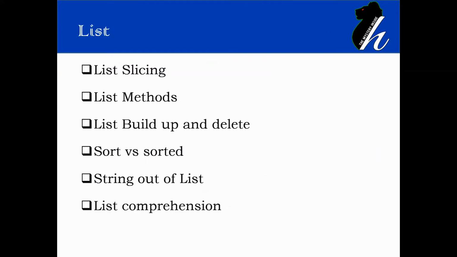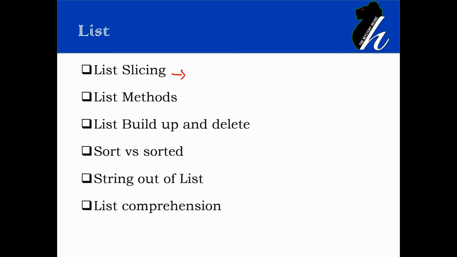Now let us understand a very important concept of list, that is list slicing. What is slicing? Slicing allows you to obtain a sublist. It means if you wanted to extract specific elements from the list, using index values, we can extract specific elements and generate a sublist out of that.